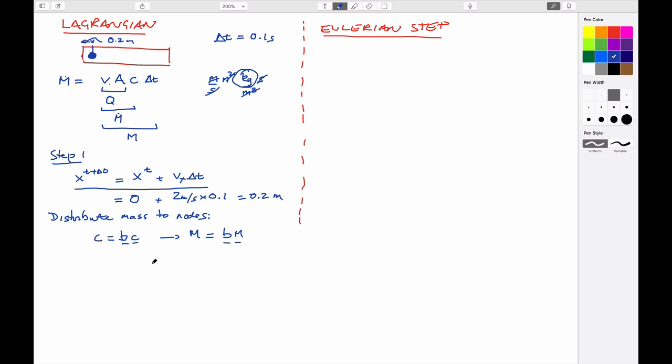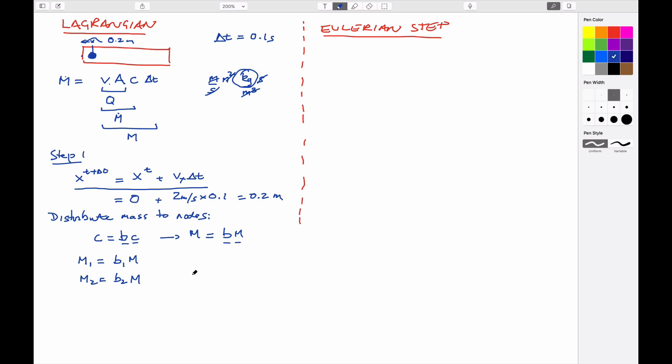And so for our particular case, this allows us to get the mass at node 1 is equal to B1 times the mass, and the mass at node 2 is going to equal B2 times the same mass.